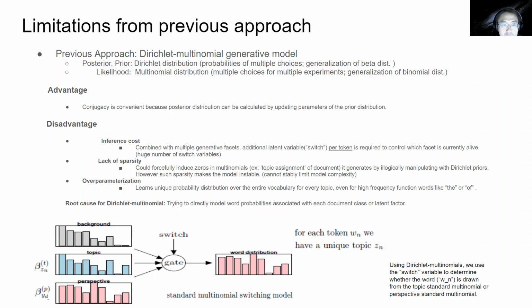Just as a brief introduction of these two distributions, you could think of the multinomial distribution as a generalization of the binomial distribution. So it's basically the distribution of multiple choices, like K outcomes, for multiple experiments. And the Dirichlet distribution, which is the generalization of the beta distribution, is now the probabilities of multiple weights.